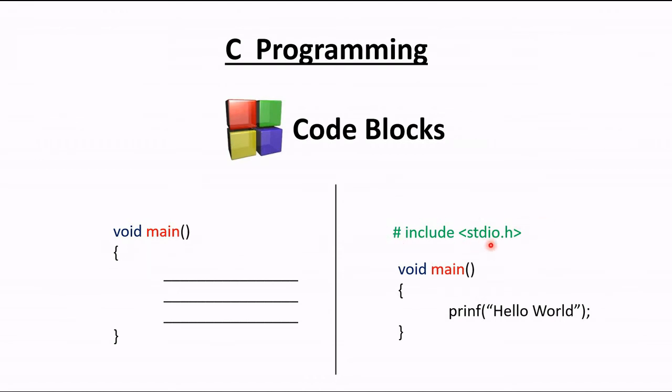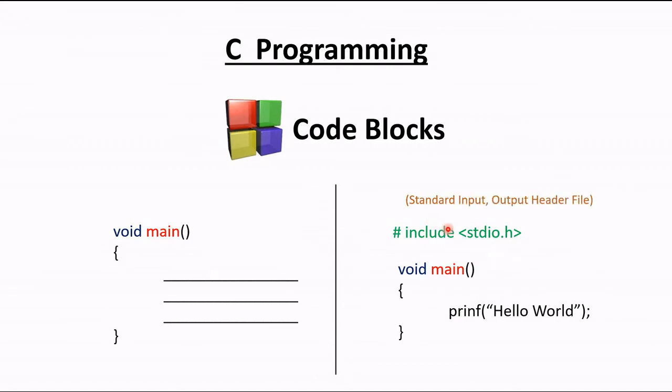Inside this header file, it is written that the printf function prints in the output. And when the compiler reads this stdio.h file, at that time it will be able to see that okay, the printf function does this, so I have to print this hello world in the output. So in this way, this #include <stdio.h> works. So what is this?